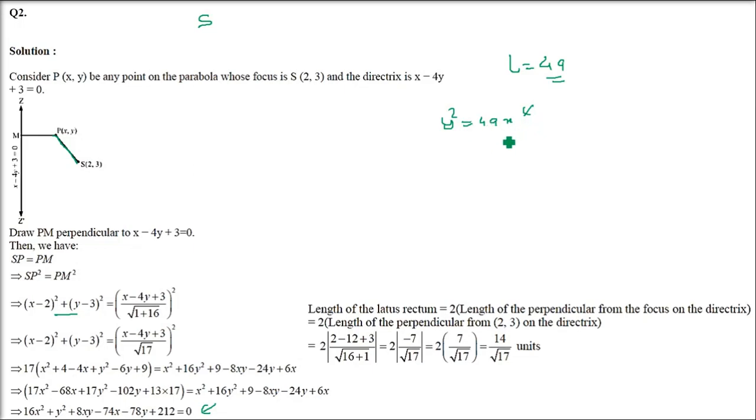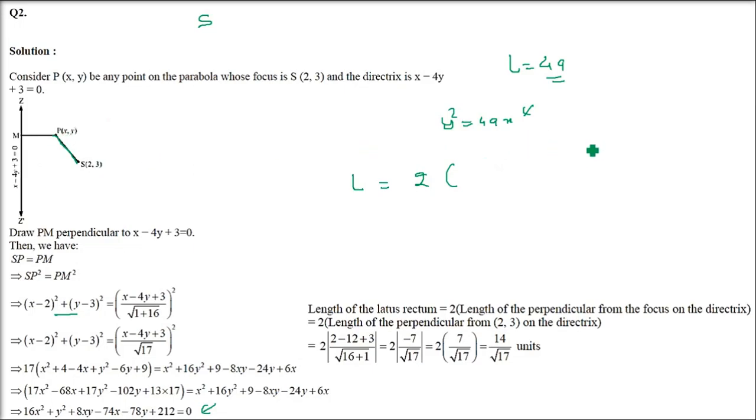But here we don't know. For that we have a relationship. What is that relation? The length of the latus rectum is twice the length of the perpendicular from the focus, 2, 3, to the line which is the directrix.